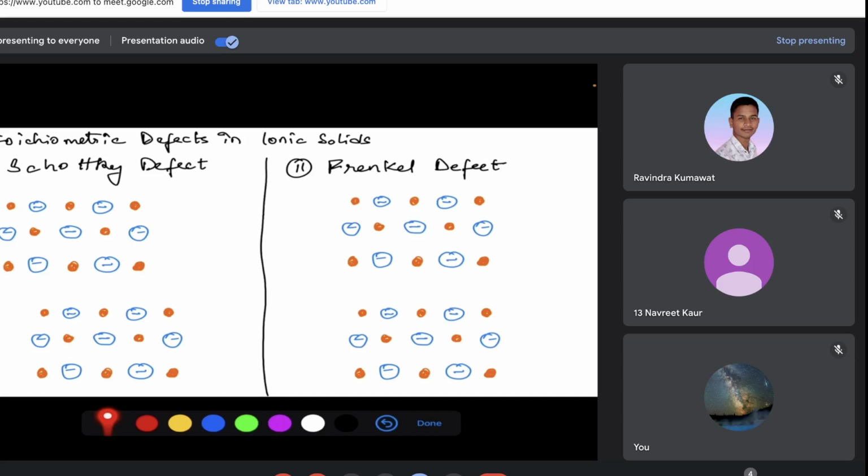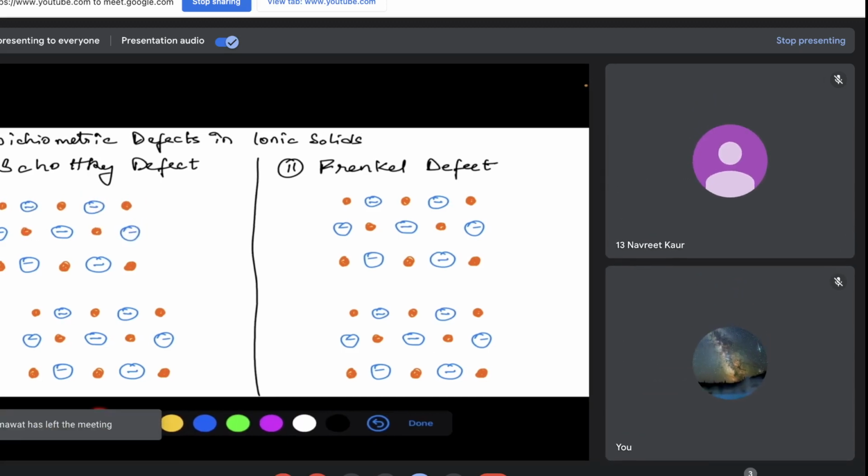You can see this is a representation of a lattice. This is a two-dimensional lattice where my cations are present as orange dots and my anions as blue dots. This is the arrangement in a two-dimensional lattice of an ionic solid.